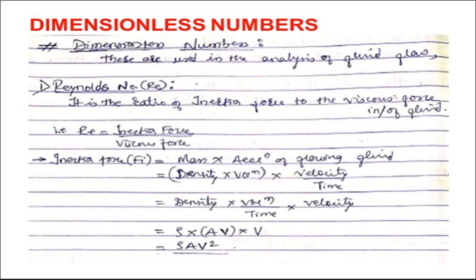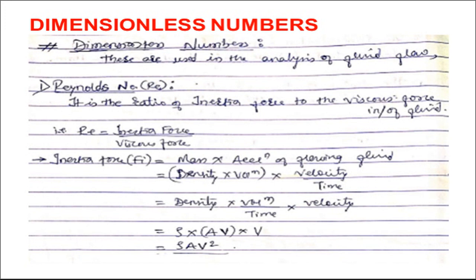So in this, the first number is Reynolds number. Reynolds number is the ratio of inertia forces of a fluid to the viscous forces in the fluid. Inertia forces to the viscous forces.